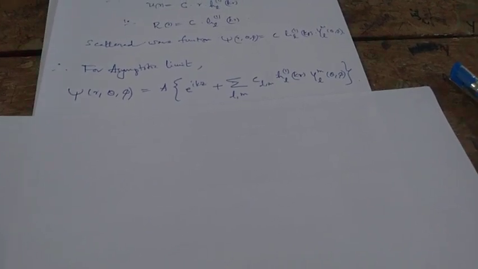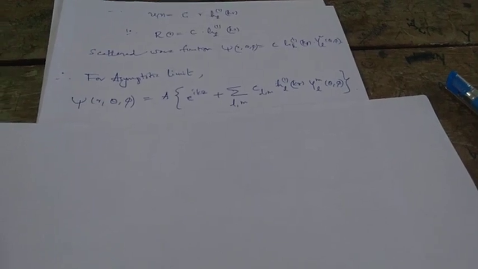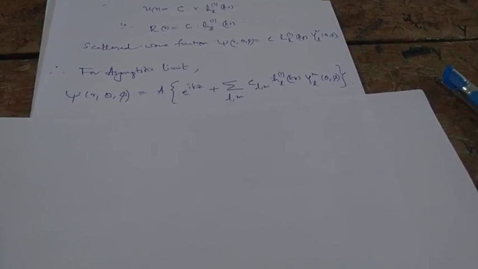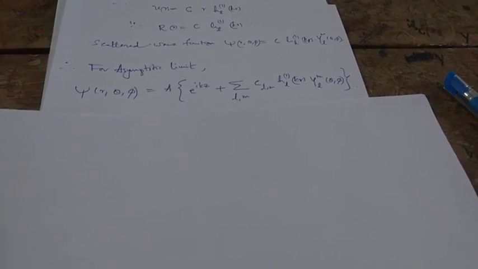And in the asymptotic limit, we can write the scattered wave function as some constant a into the incident plane wave, which is exponential ikz, plus the linear combination of all possible values of l's and m's. That means the summation over lm, and the constants could also depend upon lm, so we take c sub lm, and then h_l^1(kr) into Y_lm(theta, phi).